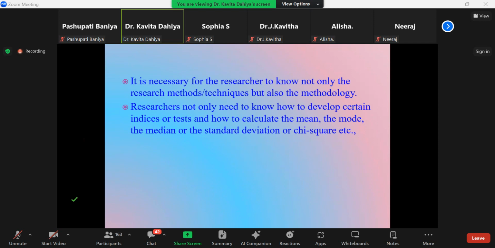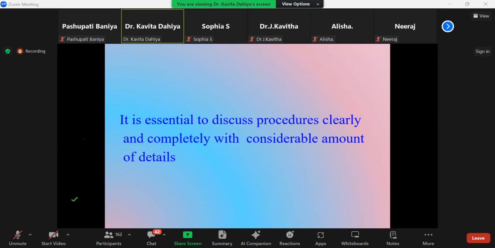The researcher not only needs to know how to develop certain indices or tests and how to calculate the mean, mode, median, standard deviation or chi-squares. As I told you, analytical tools are also included in the research methodology.